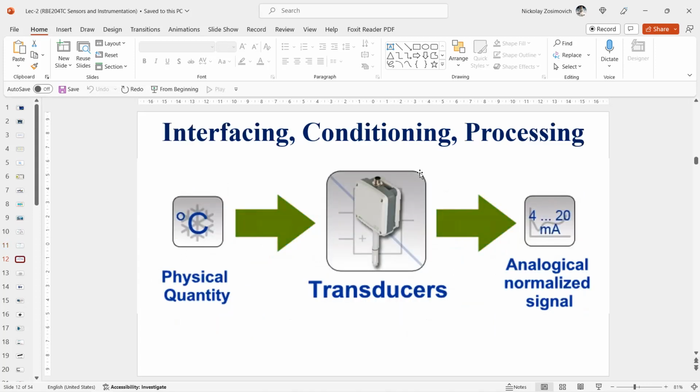The sensors discussed in this lecture are mainly transducers translating quantities in a physical domain into the electrical domain. As you remember, I mentioned this in the previous lecture.